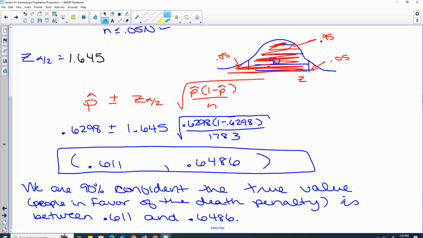If you didn't say of people in favor of the death penalty, that's fine. I just want you to understand, we are 90% confident that the real proportion falls between these two numbers. If I went out and got 100 different samples, I would expect 90 of them to fall in this window. That is a confidence interval.